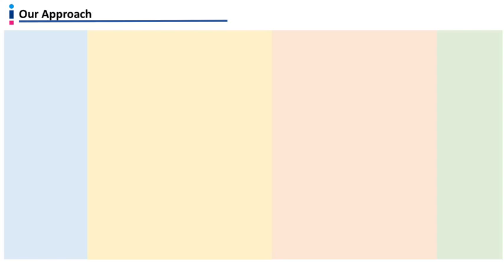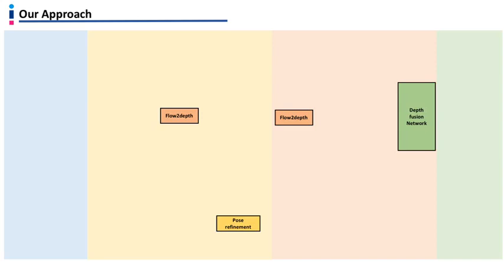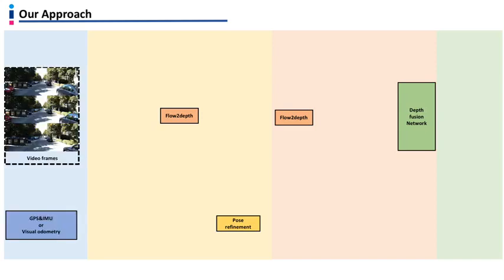Next, I will introduce the overall architecture of our proposed module, which consists of three critical components: the novel differentiable flow-to-depth layer, the camera pose refinement module, and the depth fusion network. The inputs of our framework are video frames, or video frames along with the relative pose between frames acquired from GPS and IMU.